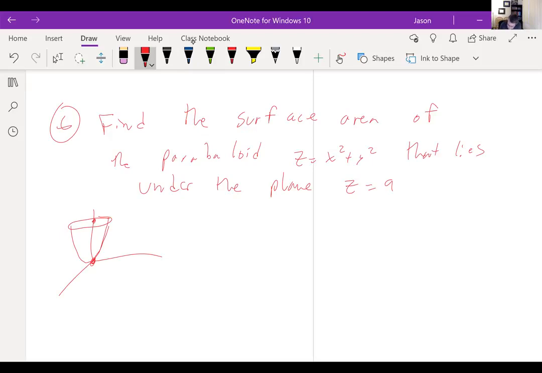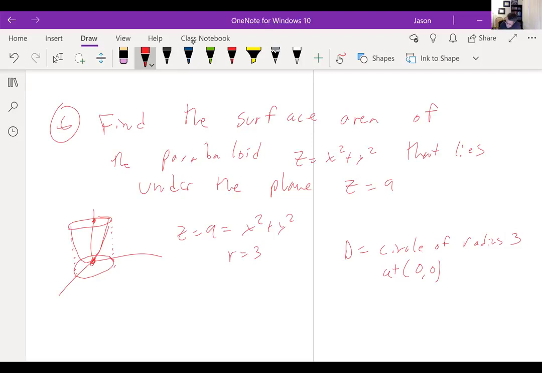At z equals 9, what is the domain, this shadow here? Wouldn't that be a circle? When z is equal to 9, then z is also equal to x squared plus y squared. Isn't that just a circle of radius 3? So the domain is this circle of radius 3, centered at 0, 0.